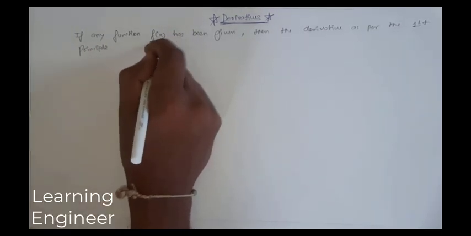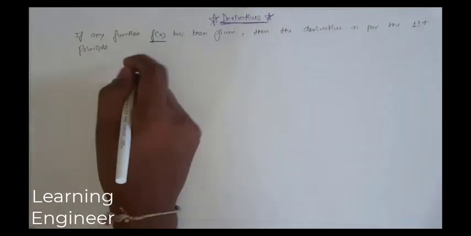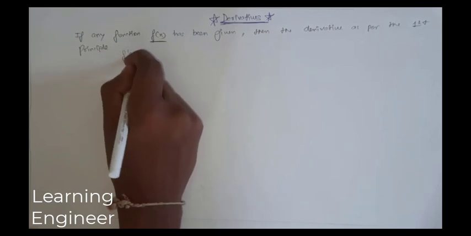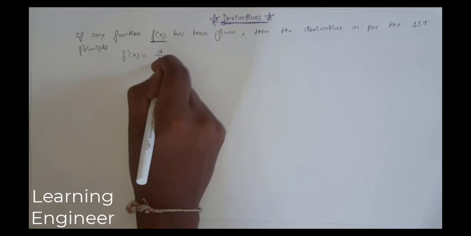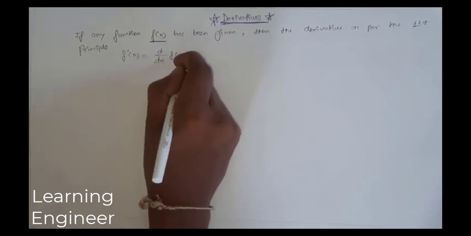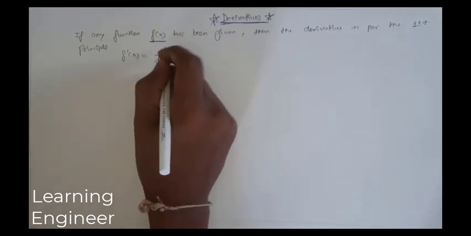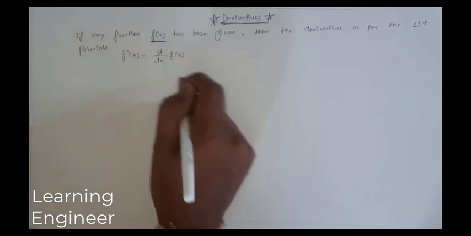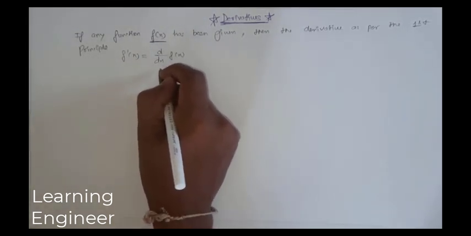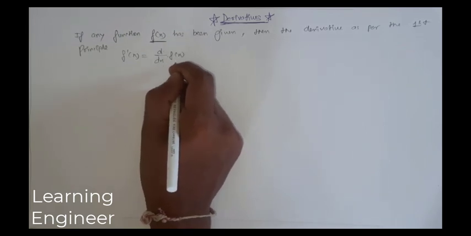The derivative of f of x will be f dash x, or what we can say d by dx of f of x. Derivative means differentiating with respect to x. d upon dx, this particular term is known as derivative.